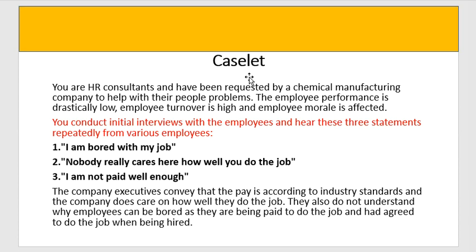First and foremost, let us analyze this from the employee perspective. When the employees are saying, I am bored with my job, what it really means is that the person doing the job does not really enjoy it. Whose fault is it that the person who is hired to do a job is not really interested in that job?